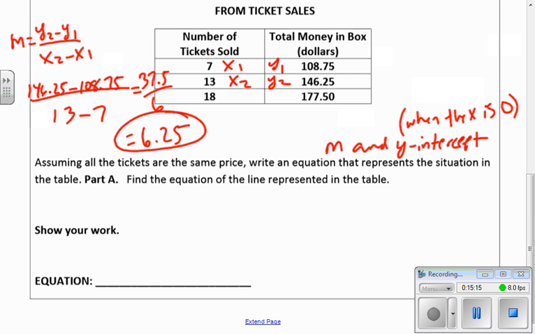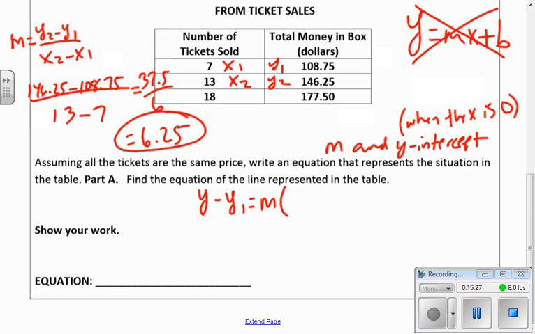Now, we can't figure out the y-intercept, so we cannot use y equals mx plus b. We have to use the other equation, y minus y1 equals m parentheses x minus x1. That's called the point-slope form of a line. For that equation, we need a point and a slope. We know the slope, that's 6.25, and we have 3 different points, so just pick one of them.